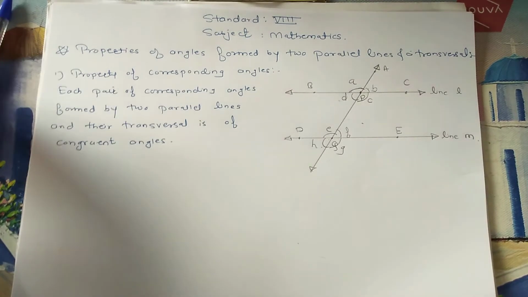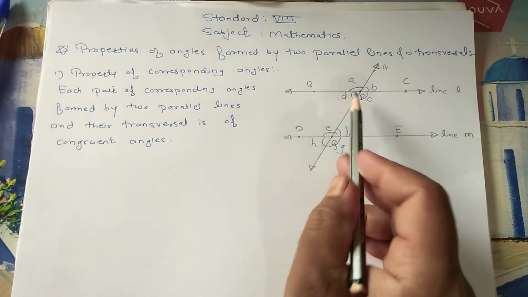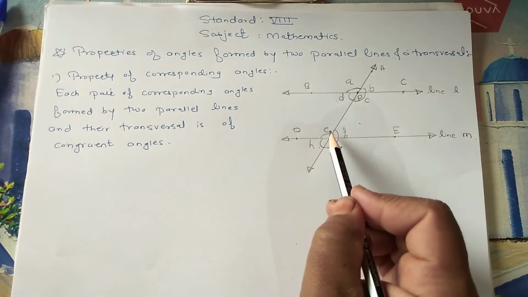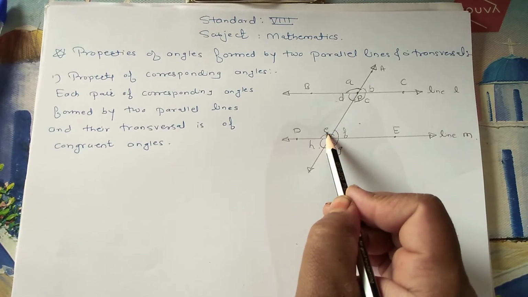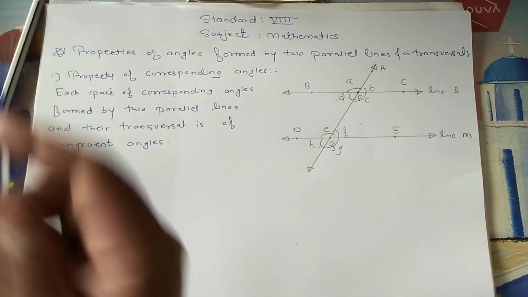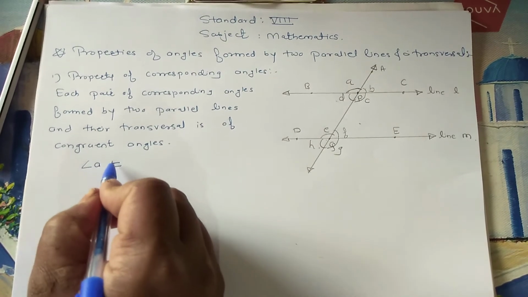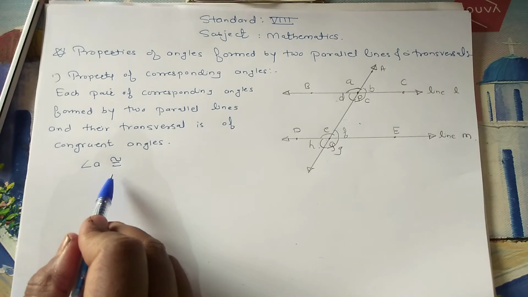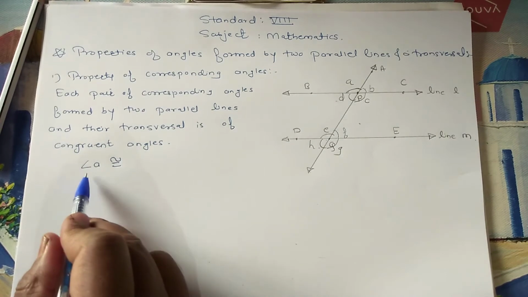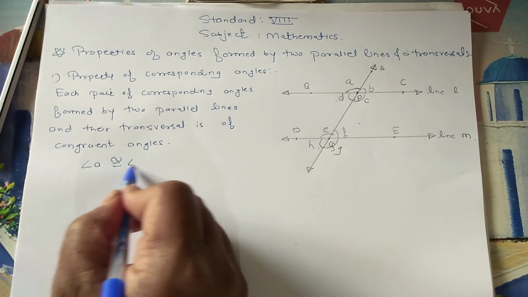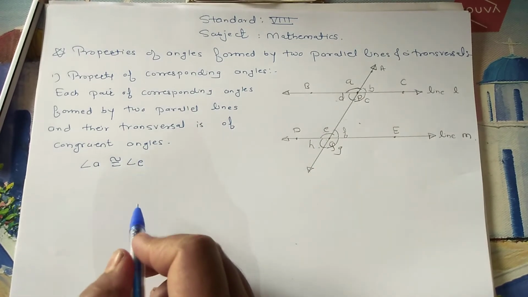First remember, what does corresponding angle mean? Here is A, and its corresponding angle is E. Here I am writing angle A, and this is the symbol of congruency. So angle A is congruent with its corresponding angle E. Remember the positions.